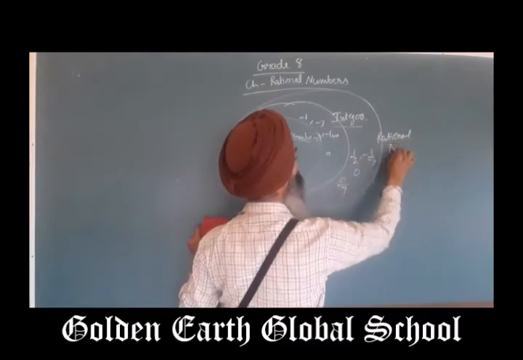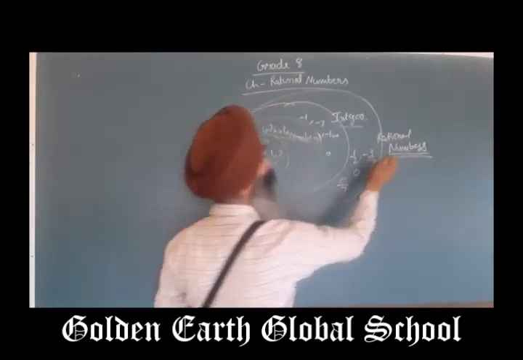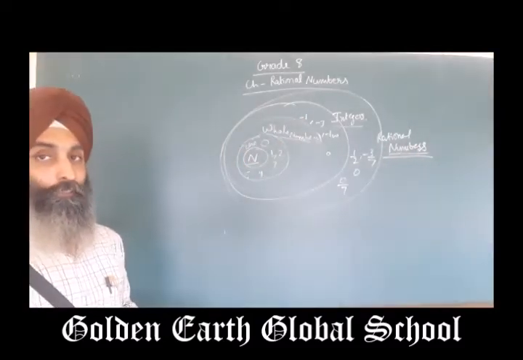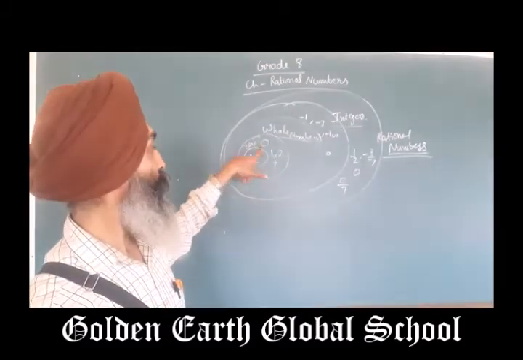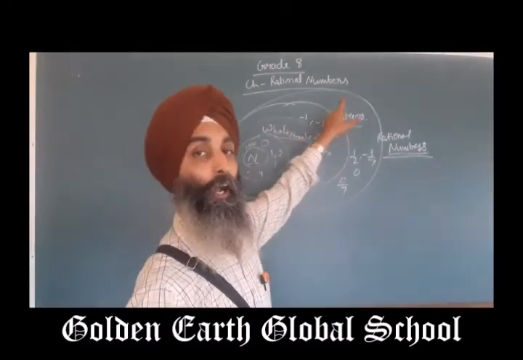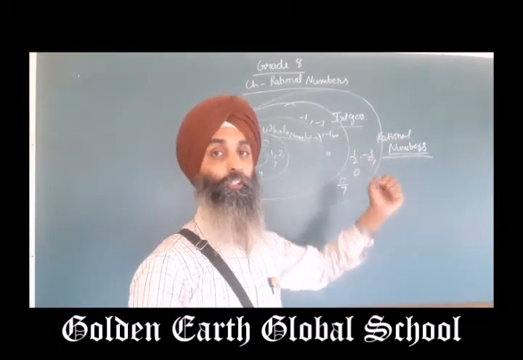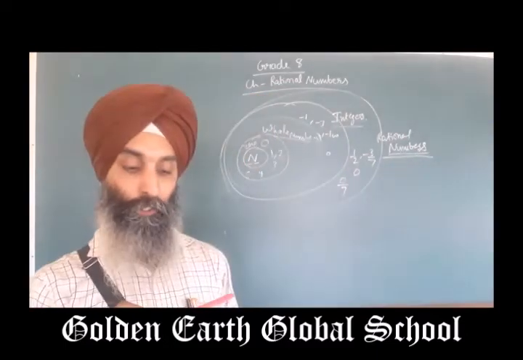Okay? So you understood what we mean by rational number? Rational numbers include positive numbers, natural numbers, whole numbers, integers as well as fractional numbers like these numbers.